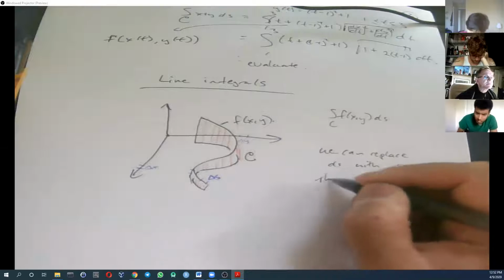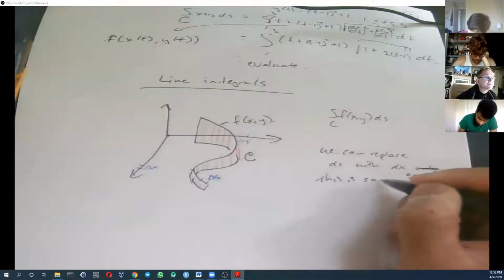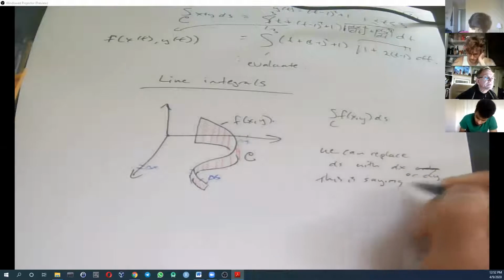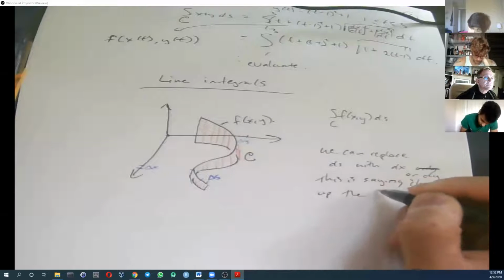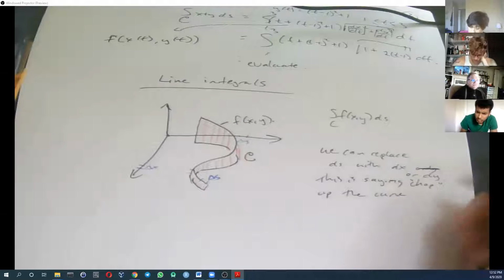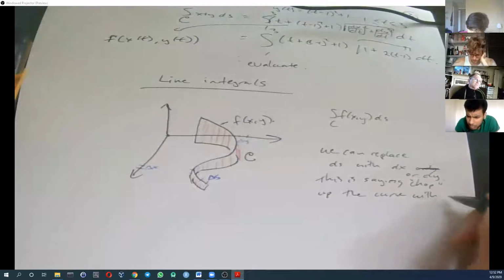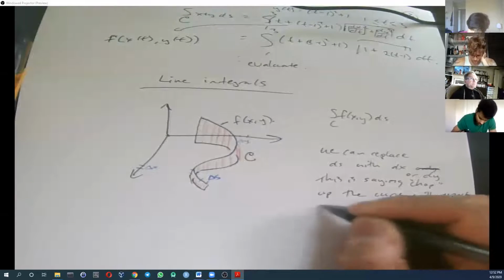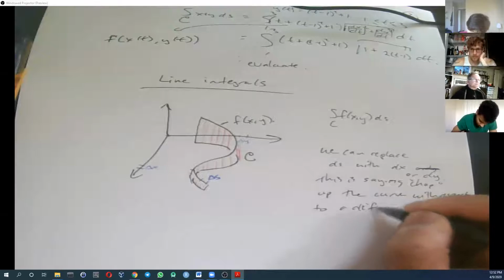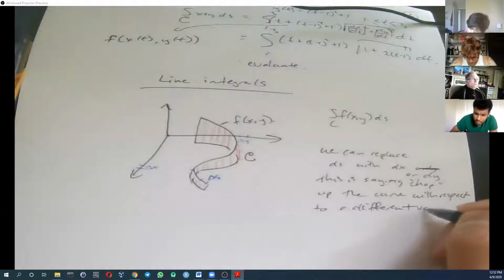This is saying chop up the curve with respect to a different variable.